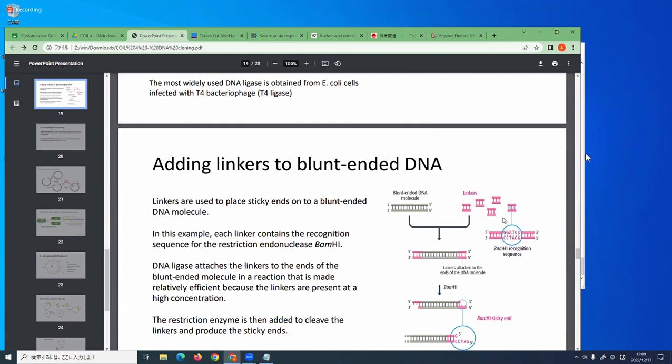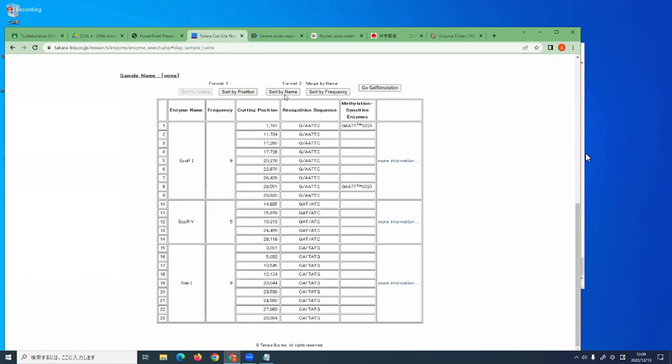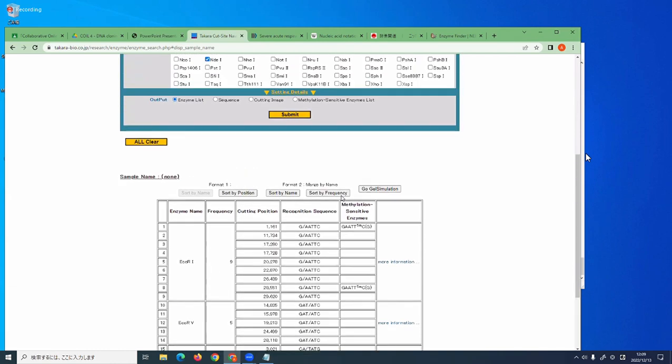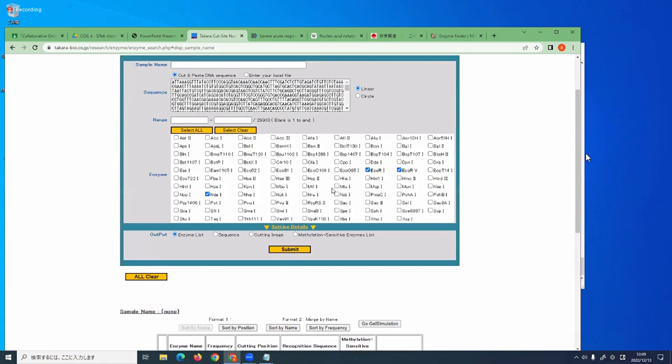We can add linkers to your genes. So we'll add EcoR5 over here, and we add EcoR5 to both ends, right? Oh, no, we can't do that as well. The reason is that we have to cut the EcoR5 so that we can join them together. So EcoR5 is not a good choice.